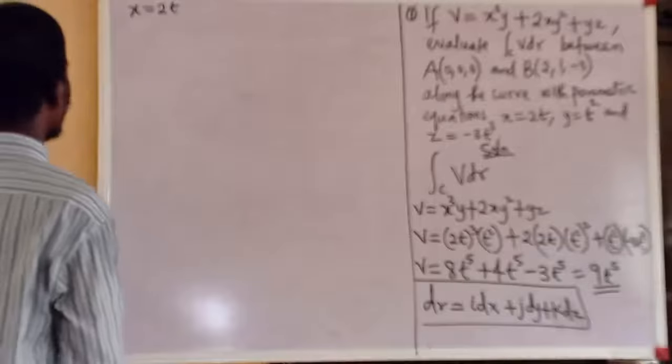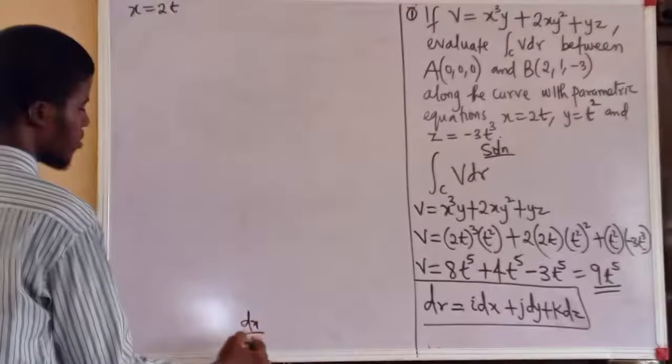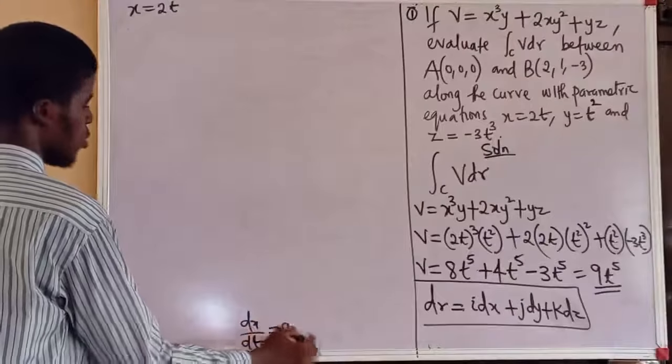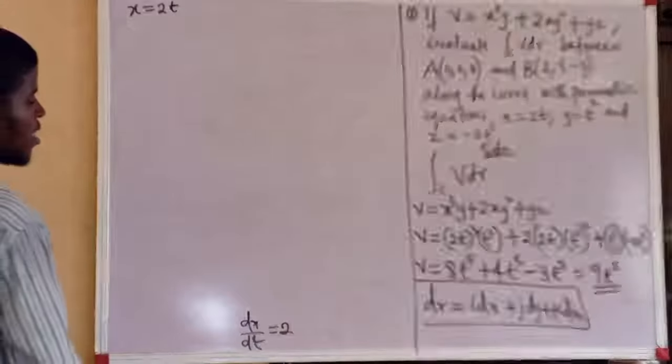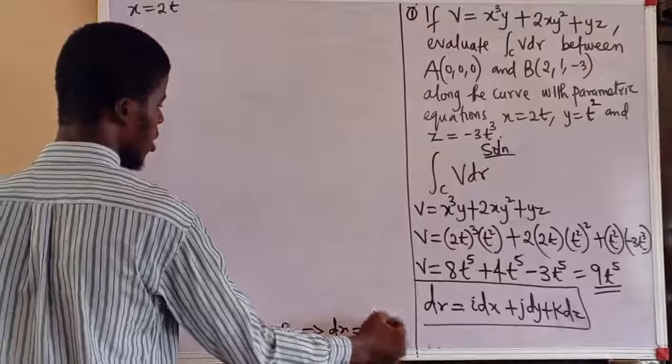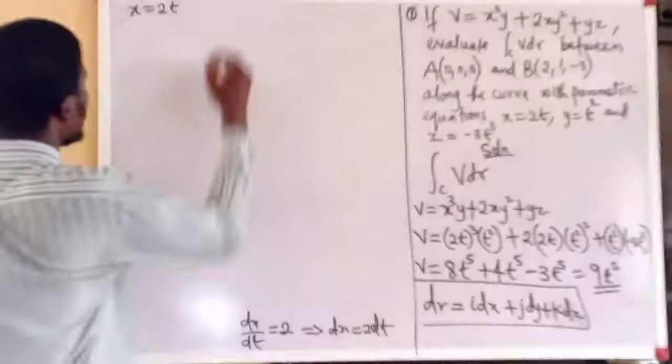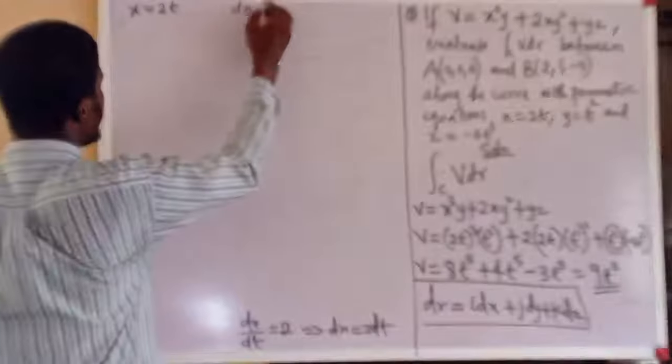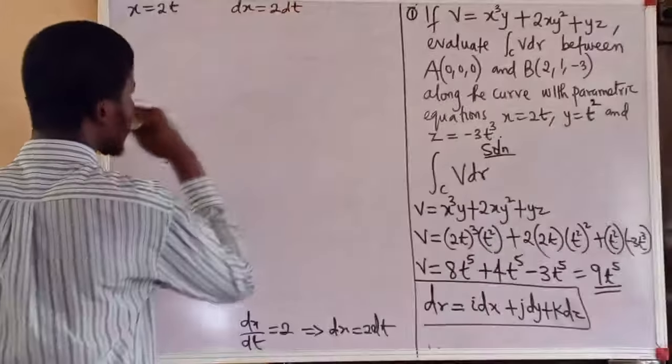If I differentiate x with respect to t, that's dx/dt, I'll have 2. And this implies that dx is equal to 2 dt if I cross multiply. So from here, dx is 2 dt.